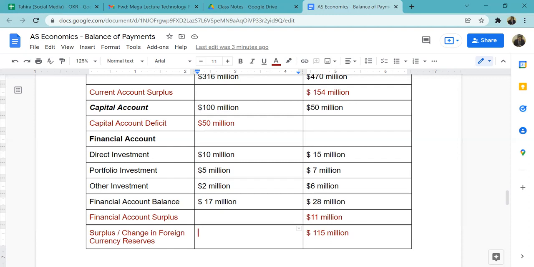Can it or can it not? Or any other currency that it wishes to. Right? It can. Similarly, on the other hand, when you imported more, money went out of Pakistan.